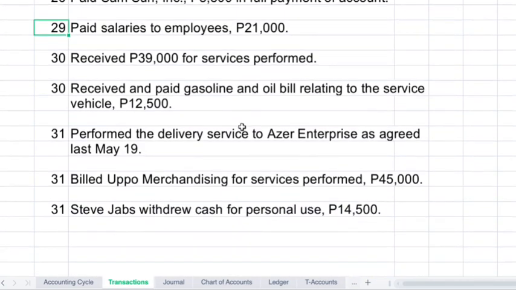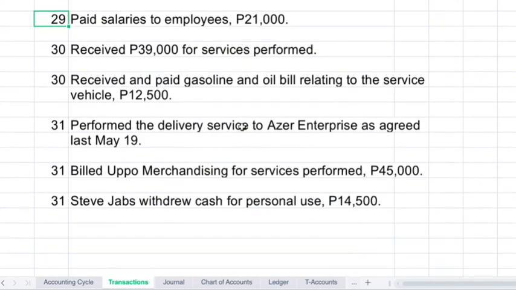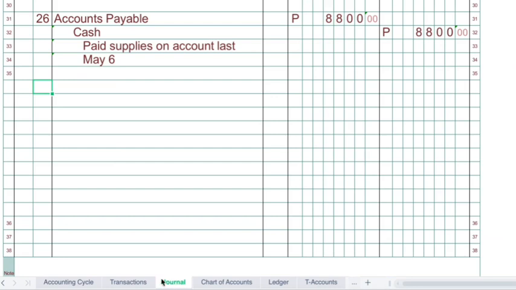So on May 29 naman, we paid salaries to our employees worth 21,000. So what are the accounts affected here? Alright, so we have salary expense and we have cash because we paid them. So we will debit salary expense.